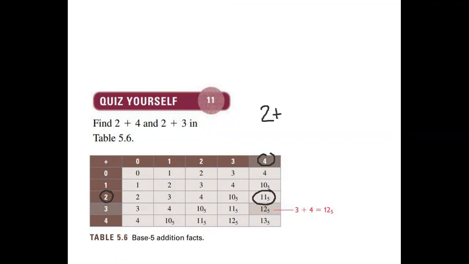So 2 plus 4 in base 10 is 11 in base 5. 2 plus 3 is then 10 base 5, based off of the chart of finding 2 on the row and 3 on the column.